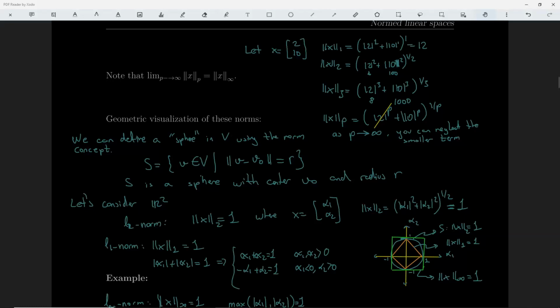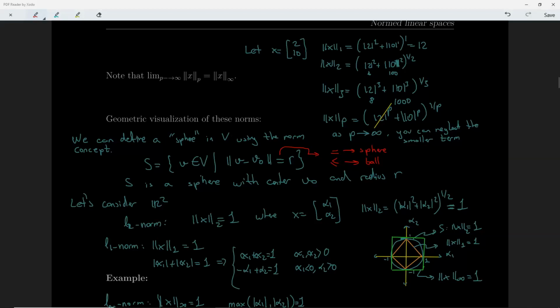So let me write it like this, maybe it will be clearer. So we use another color to make it simple. If we go like this, if we say equal, then it is a sphere. If you say less than or equal to R, then it is called a ball, okay? As a matter of fact, if it is less than R, then it is called the open ball. If it is less than or equal to, then it is called a closed ball, etc.